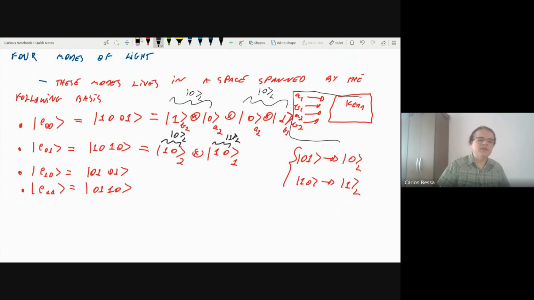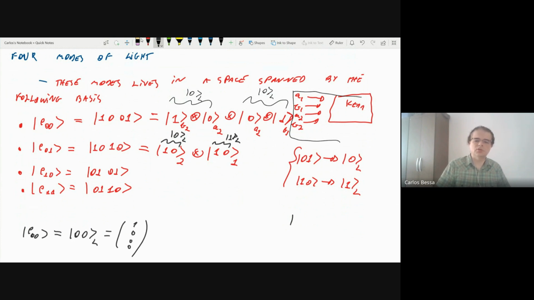Yeah, so this term here, E00, is my logical 0, 0. Okay? Because this is 0 and this is 0. So the logical 0, 0, I can represent as a matrix like this. It's a tensor product of 0, 1.